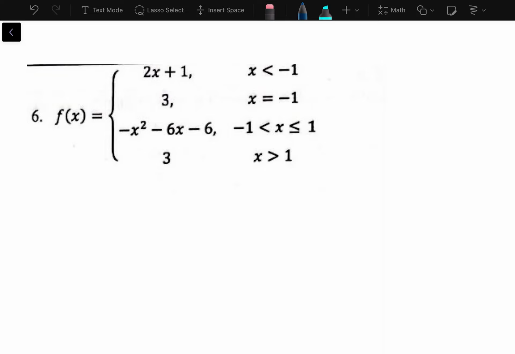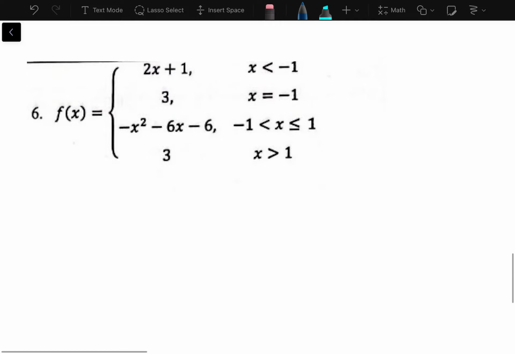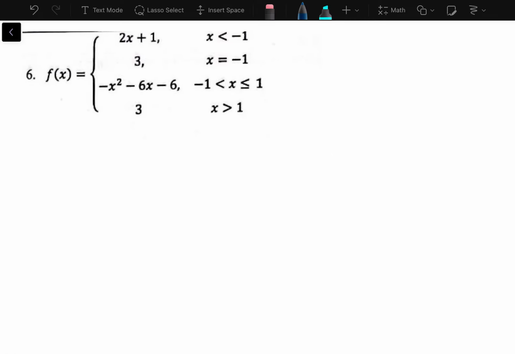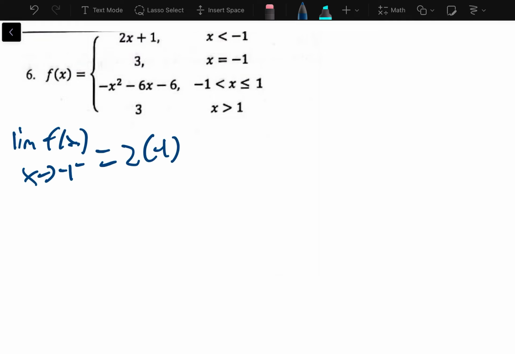This question asks us to identify each type of continuity and where they are located, right? Okay. So the first thing we're going to do is solve for the negative ones, right? Same process. The limit of f of x as x approaches negative 1 from the left is equal to 2 times negative 1 plus 1, which is equal to negative 1.